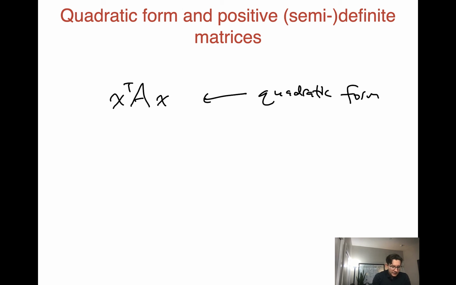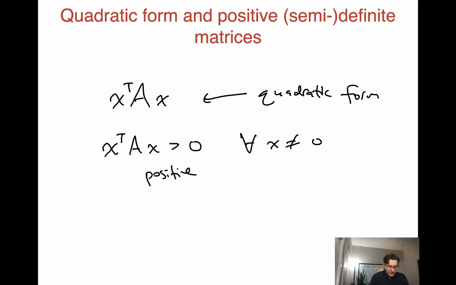If it's the case that x transpose Ax is greater than 0 for all x not equal to the 0 vector, this upside down A means for all, then we call A positive definite.